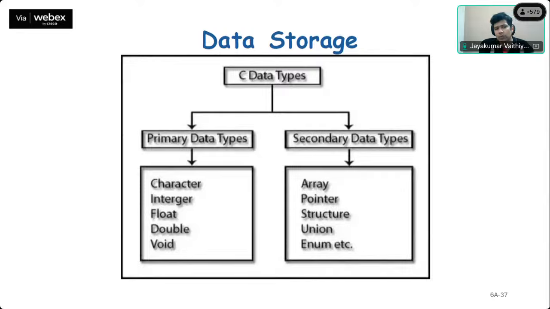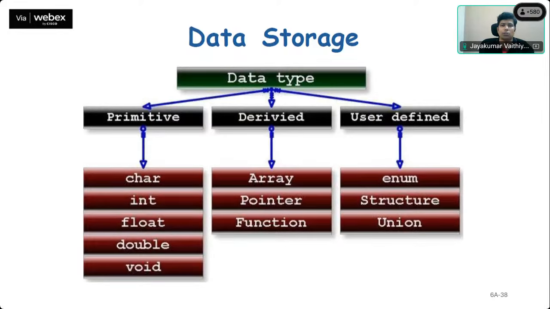So in future classes, we'll explain each and everything with examples. So just now you remember, there are two different types of data types in C, primary and secondary. Okay. So based upon how the data type is derived, or whether it is built in, you can categorize in different ways. This is based upon the primitive. Primitive is somewhat inbuilt. So the default C compiler contains character, int, float, double, void.